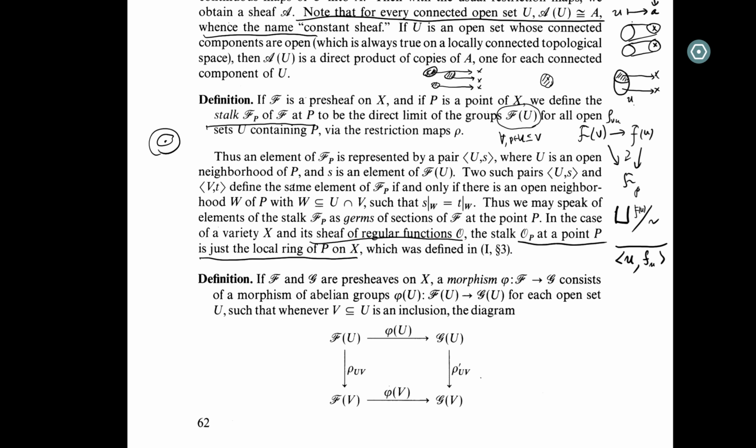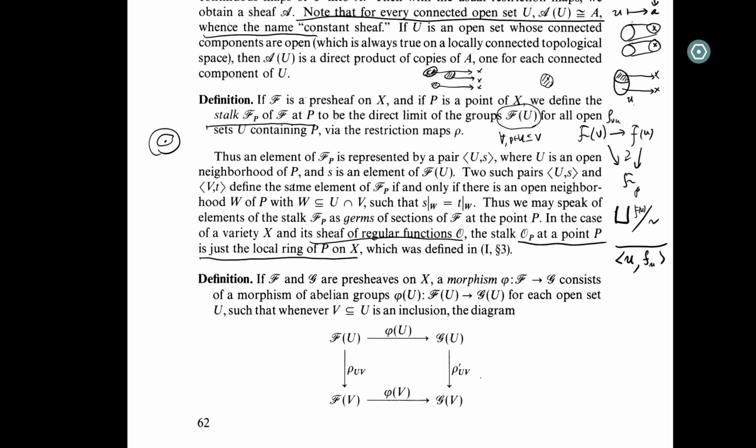For the sheaf of regular functions, you see we redefine the local ring by the stalk of the sheaf of regular functions.